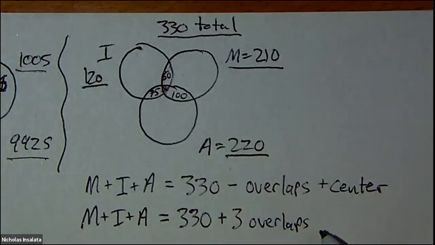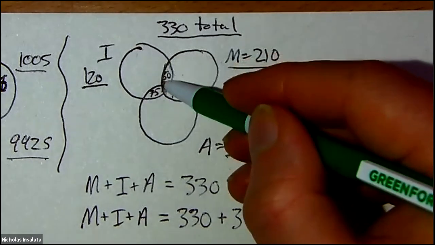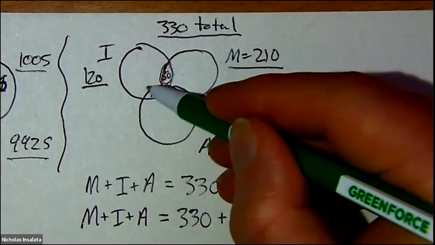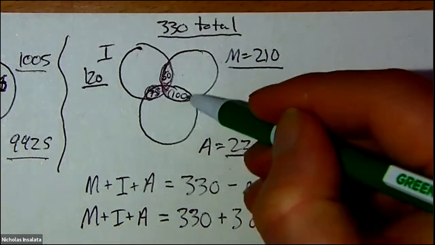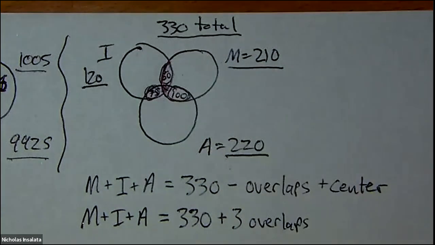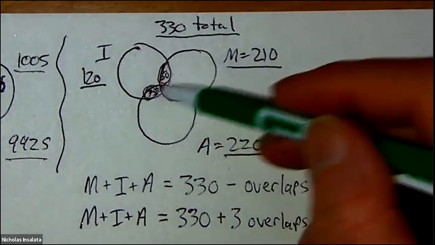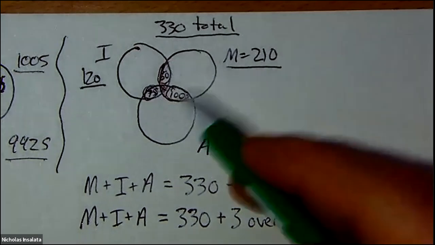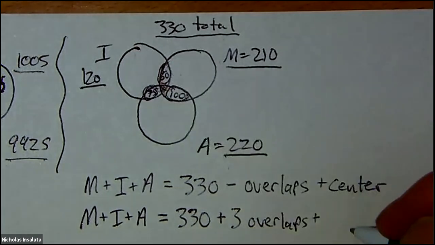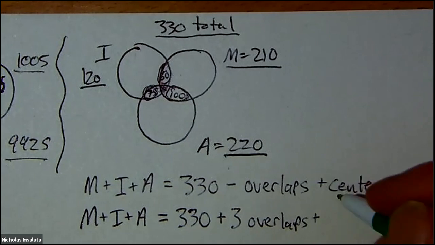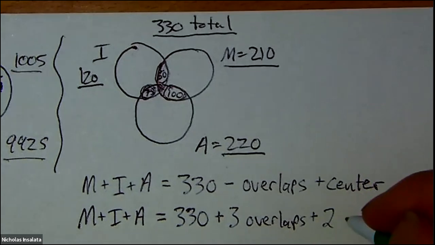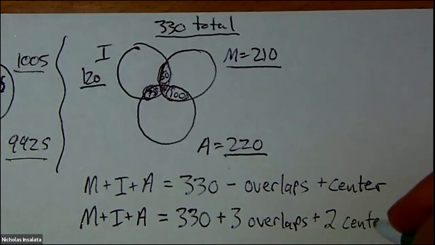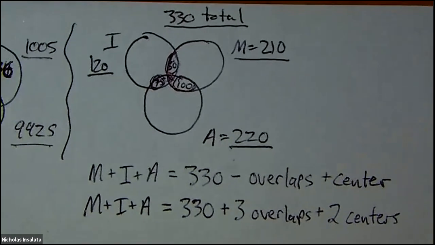Maybe let's not include the center, right? We have the 3 overlaps, the non-central overlaps, these guys, right? So we'll have 330 plus an additional one of each of those, plus the center, which was repeated 2 extra times, right?